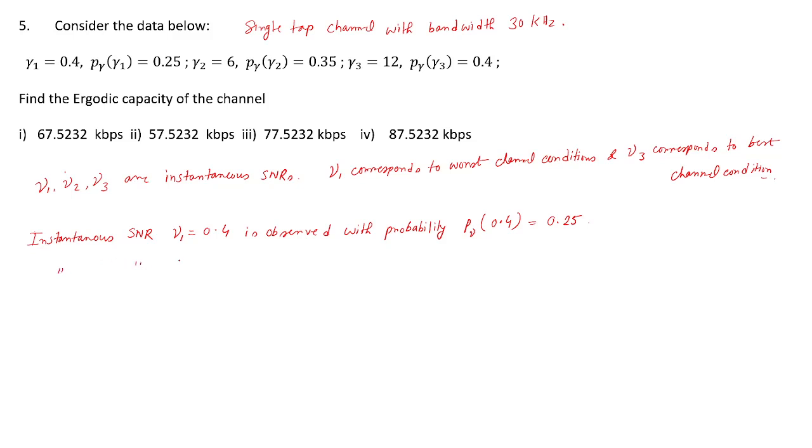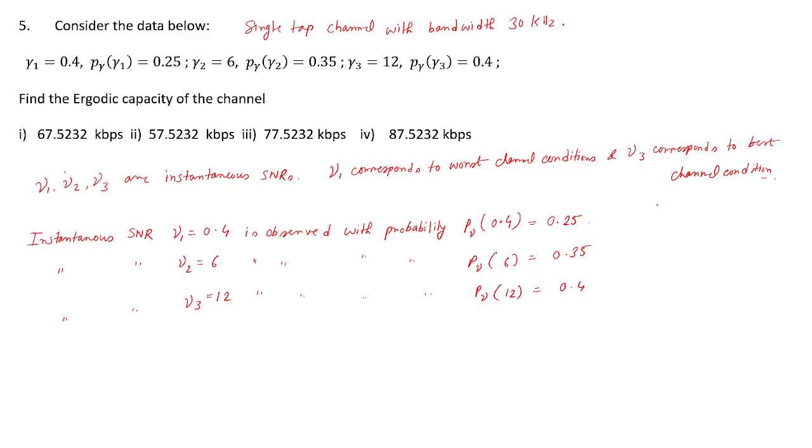instantaneous SNR of gamma 2 value of 6 is observed with probability P of gamma 6 equal to 0.35. Instantaneous SNR value of gamma 3 of 12 is observed with probability P of gamma 12 to be 0.4.